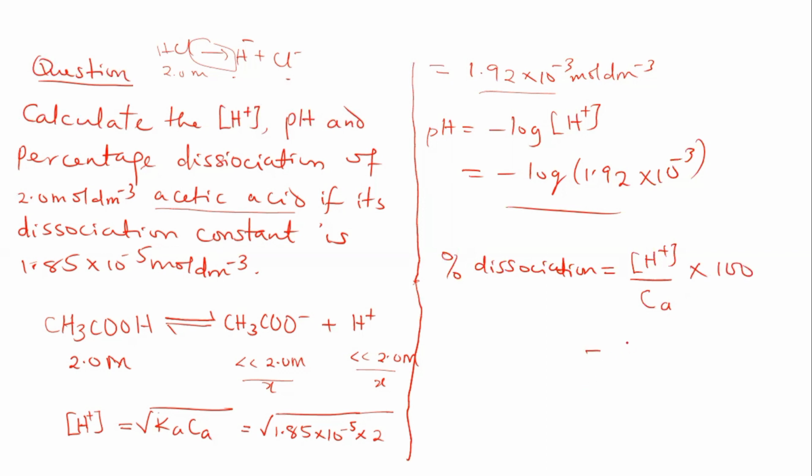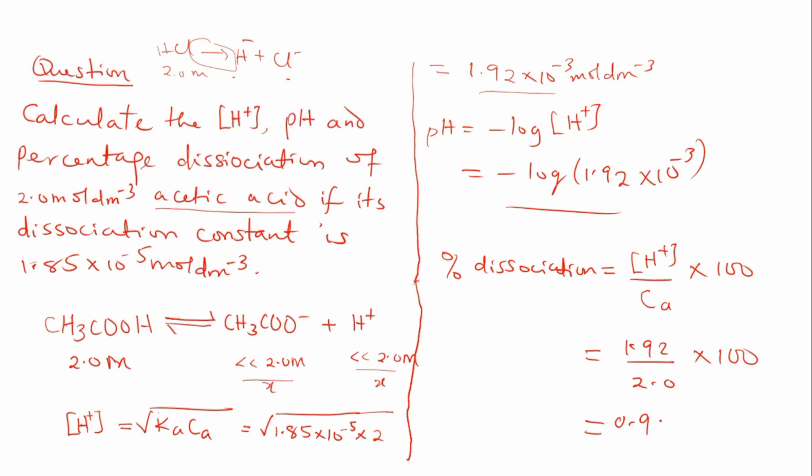So this one is 1.92 over the concentration of the acid, which is 2.0, then multiplied by 100, right? So what's that going to give us?